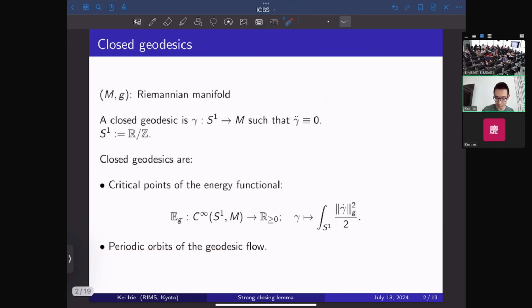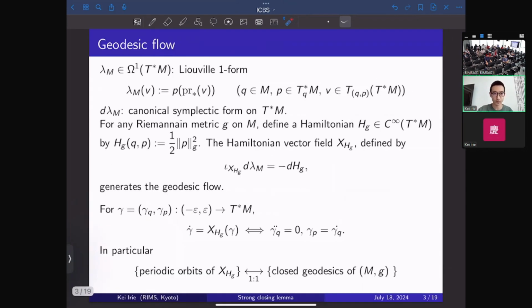So let me recall what geodesic flows are. For any manifold M, there is a canonical one-form called the Liouville one-form, which we denote by lambda_M, defined by the following formula. q is a point in M, and p is a cotangent vector at q.